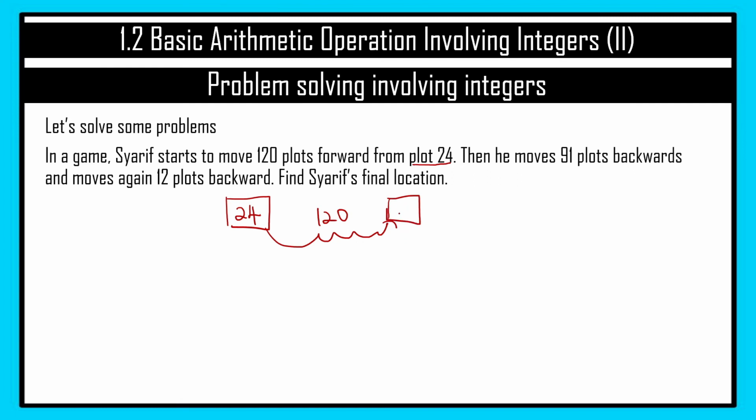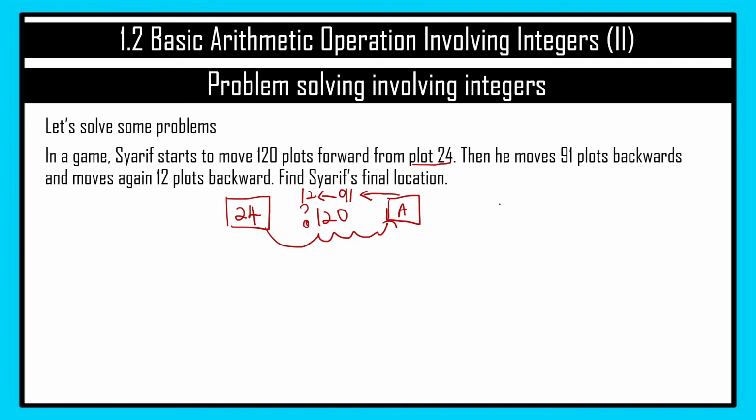From this location, I label it A. Okay, it moved backwards 91 plots, or I should say 91 steps. Move back again 12. So we want to know where his location is.